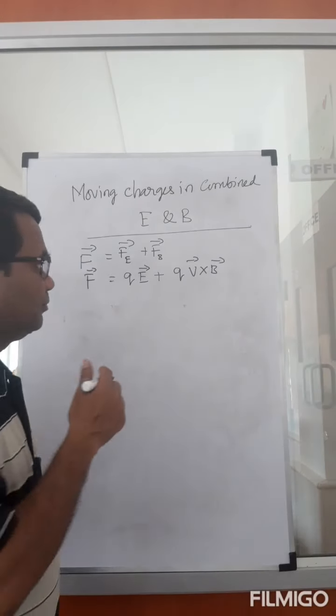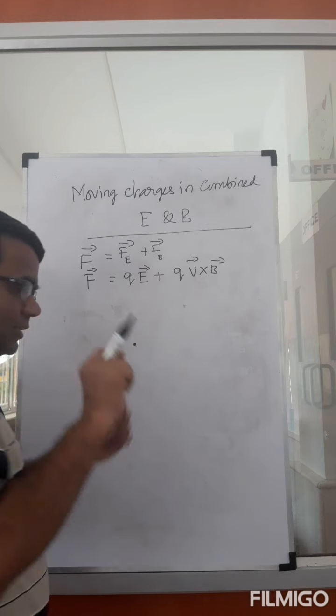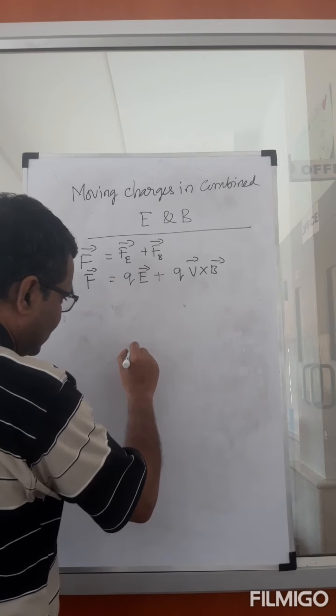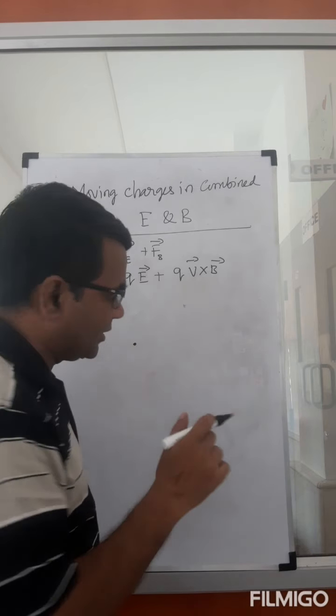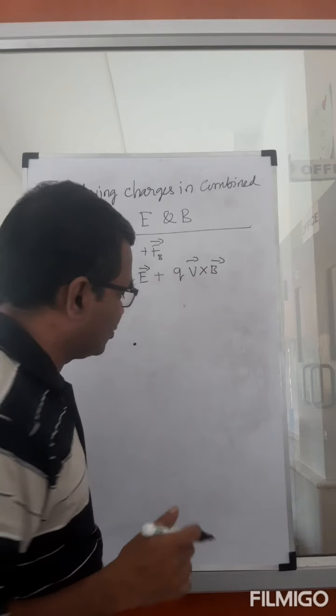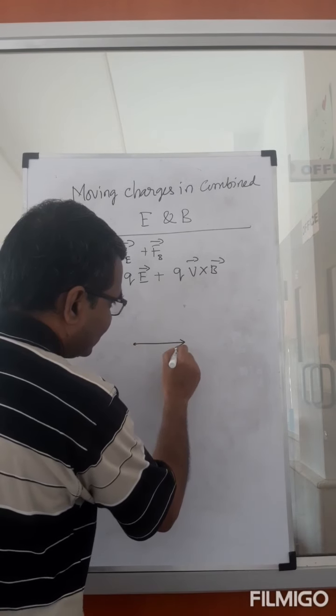Let's see. I'll draw this. This is a point in space where the charged particle, preferably a positive charged particle, is moving in this direction.